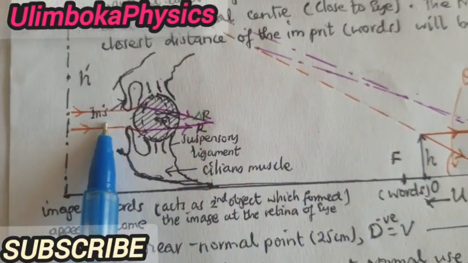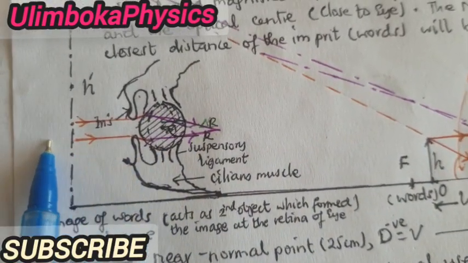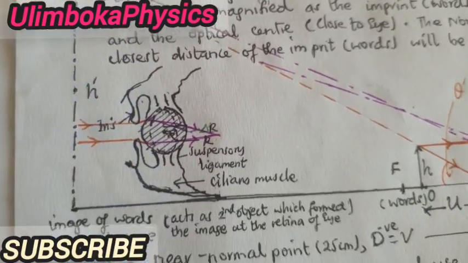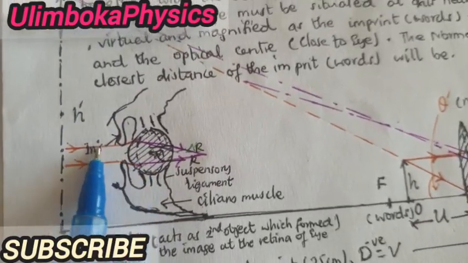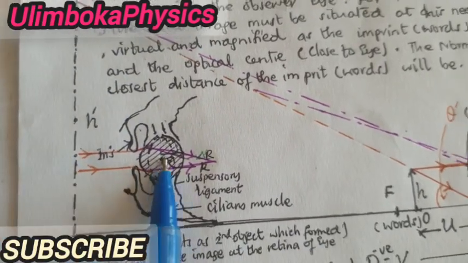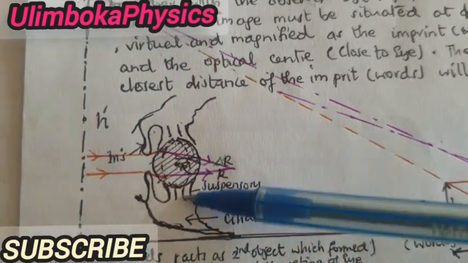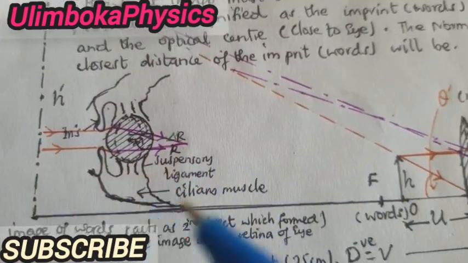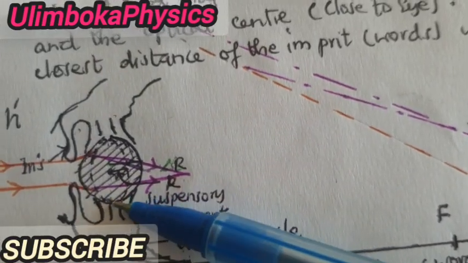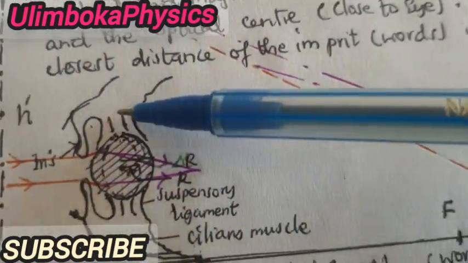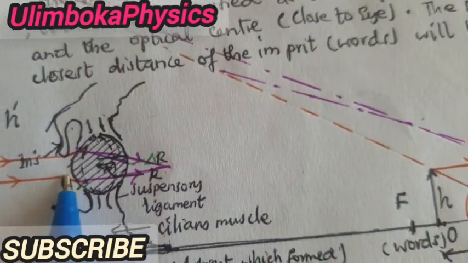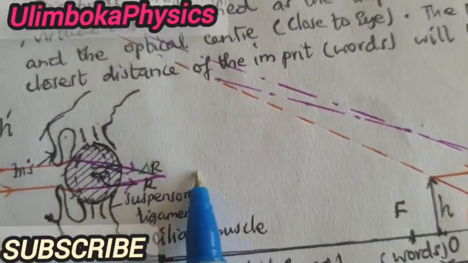because the rays from the final image, which acts as the final object, will appear to come from near distance D. At near distance D, the rays will cause the ciliary muscles and suspensory ligament to contract. As it contracts, it pushes the eyeballs up and down, causing the eyeballs to increase in diameter along the horizontal axis.